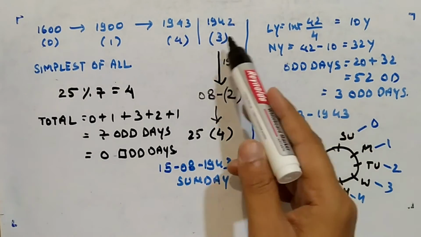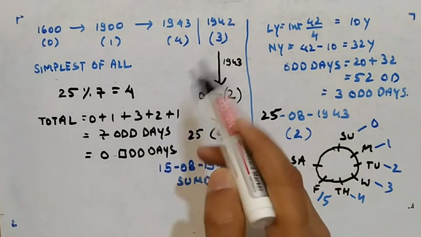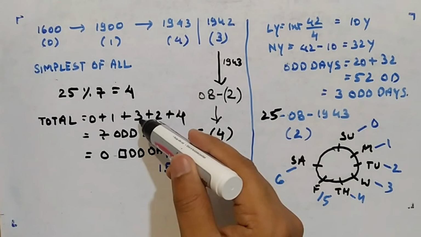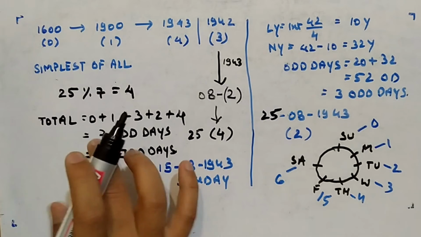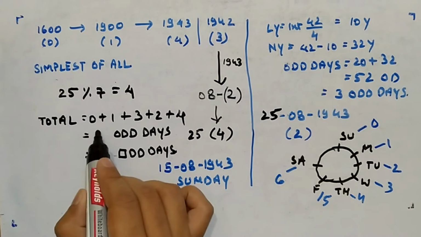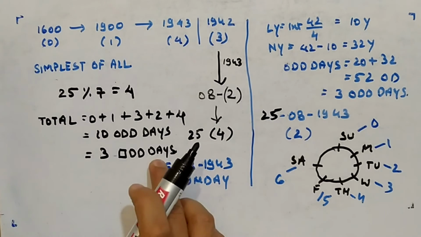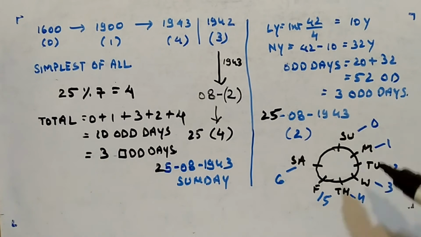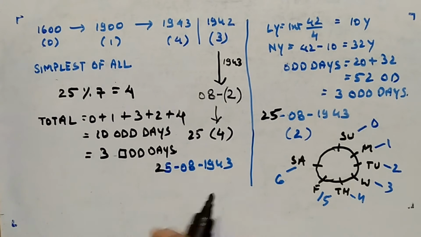Now how many odd days are there in total? 0 plus 1 plus 3 plus 2, and in the last you will have 4. So 4 plus 3 is 7, 8, 9, 10. Divide 10 by 7 and you will get 3 odd days. So 25th August 1943 has 3 odd days: 0, 1, 2, 3. It was Wednesday.